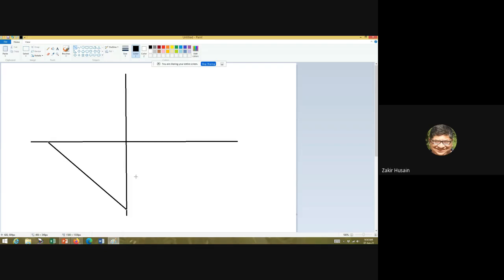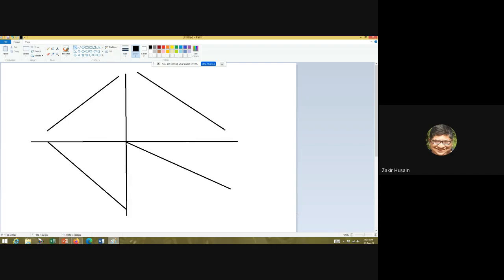So this is your stock of wealth. This is KY. Let's draw a straight line LM curve to make it easier.